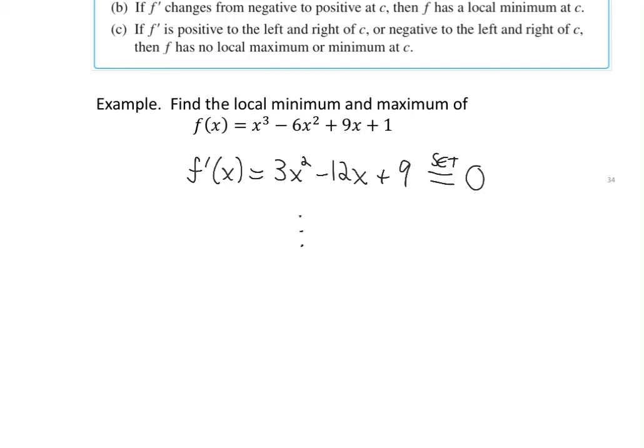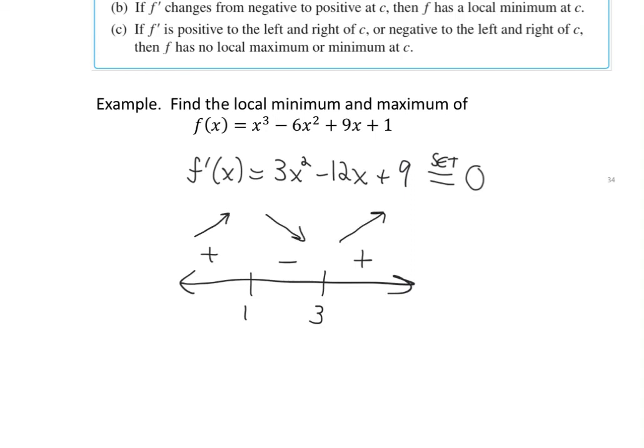We did all that work already, so we're not going to do it again. We figured out that the derivative was positive to the left of 1, negative between 1 and 3, and positive from 3 onward. What that tells us is that the function first increases, then it decreases, then it increases again.